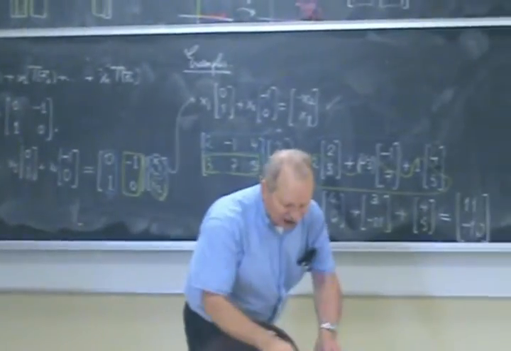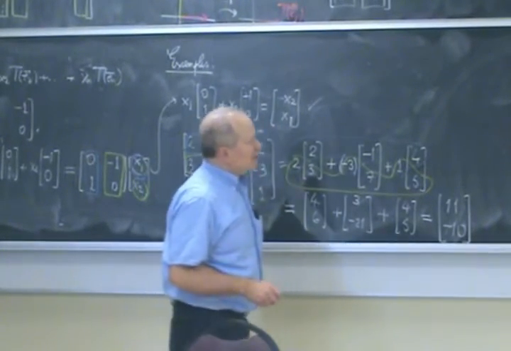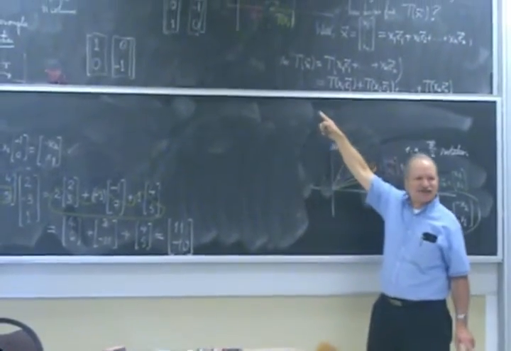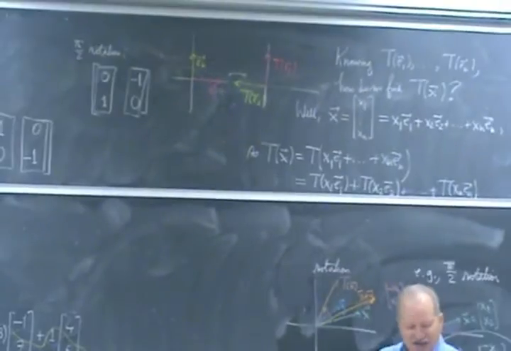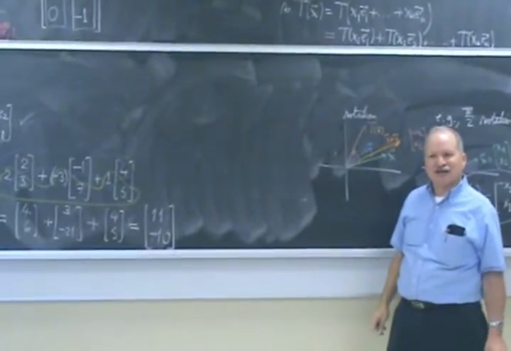So why did I define it the way I did? Just to confuse you. No, I did it because I wanted linearity to be built into understanding how when you multiply this matrix times x, you're taking the components of x times the columns, and that's the right computation.